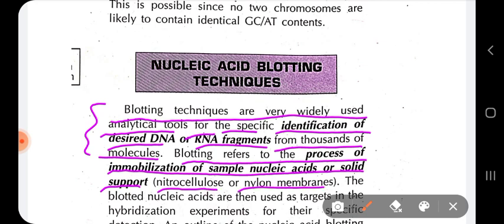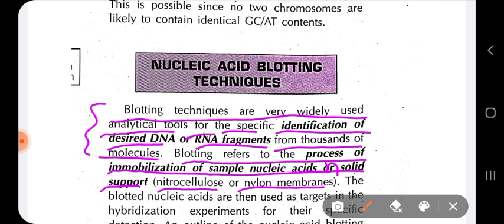So what we do here is we immobilize the sample nucleic acids on a solid support. Whether you are using DNA or RNA, we will immobilize that nucleic acid on a solid support.